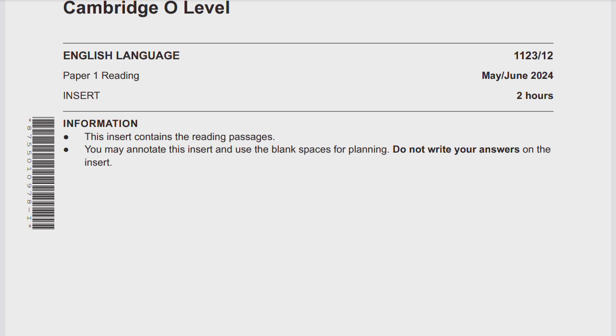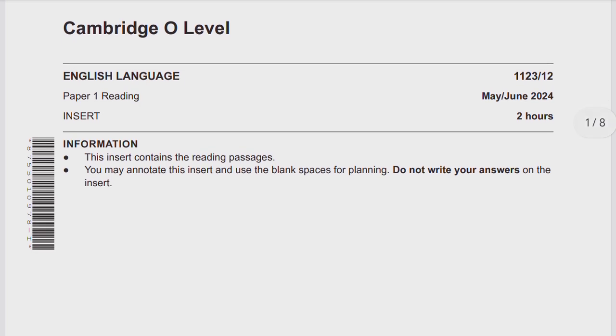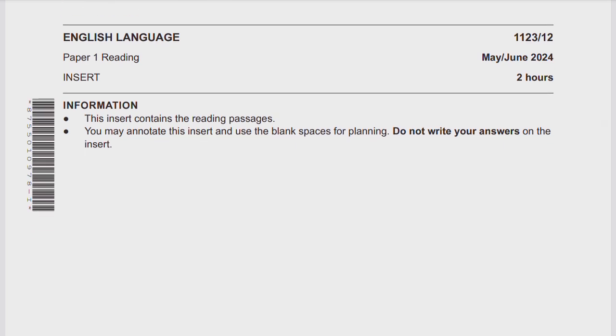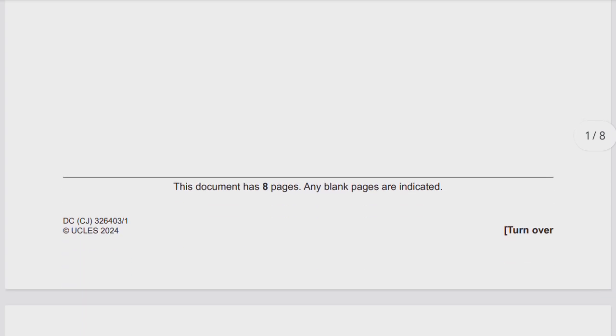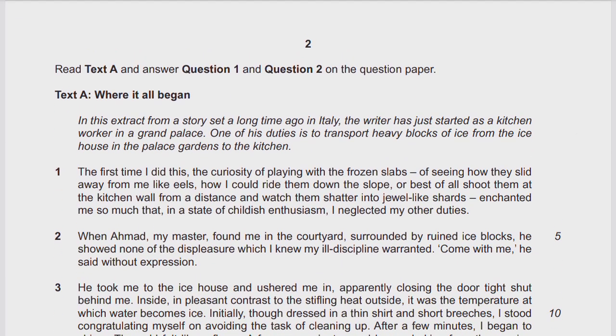So on this reading insert that contains text A and text B that you will have to read to solve your paper 1 reading, you can annotate. If you focus on these words, it means that you can underline any specific information, you can highlight, you can make notes on this insert paper, on this reading text.